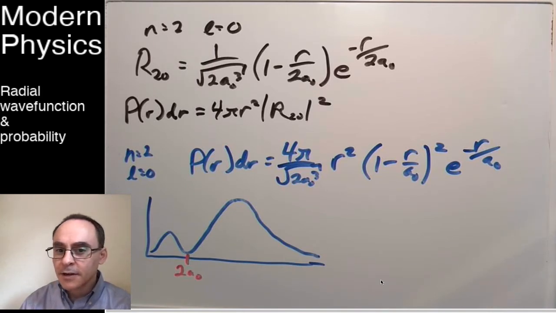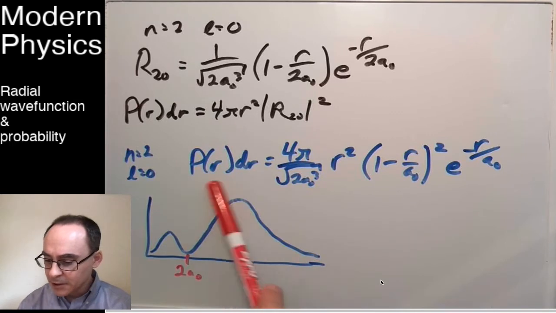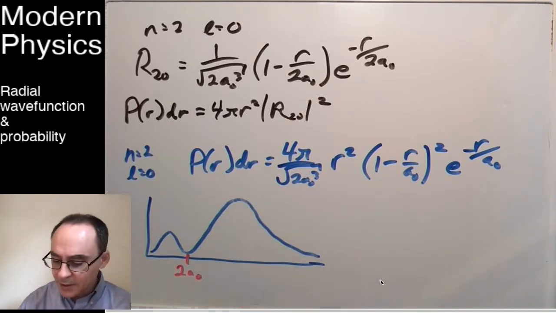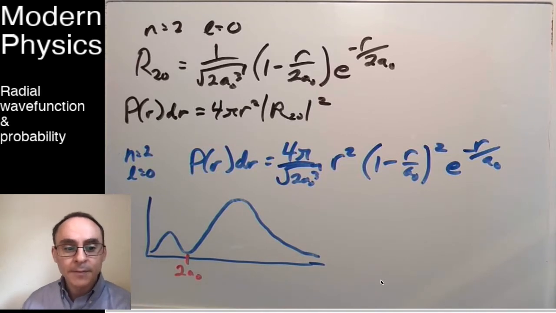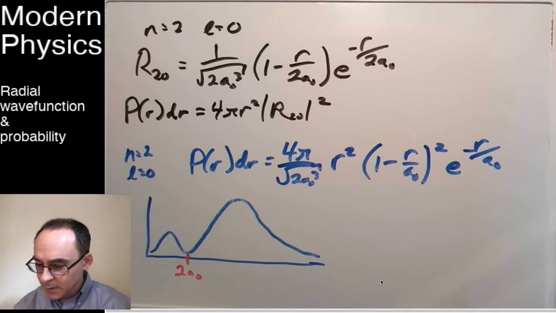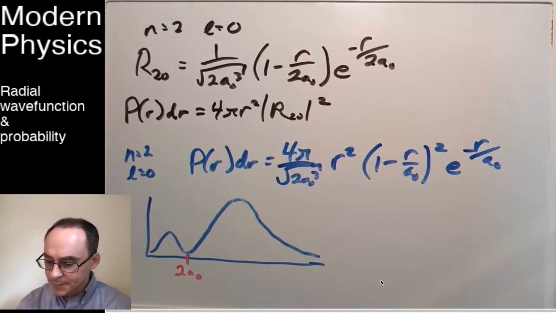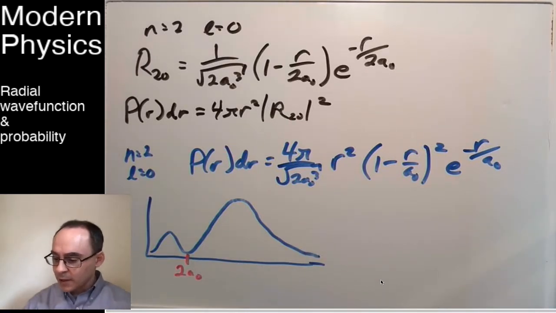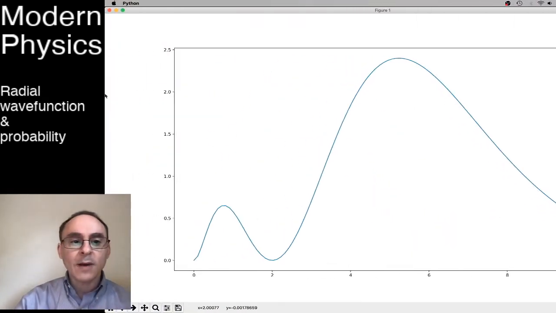We have to do a little calculus, but we can take this function, and how do you find the peak of a function? One way of doing it is you take the derivative and you look at where it's 0. We can take the derivative of this and ask where it is 0. That's just complicated enough that I don't want to do it myself, so I can go back to Wolfram Alpha.